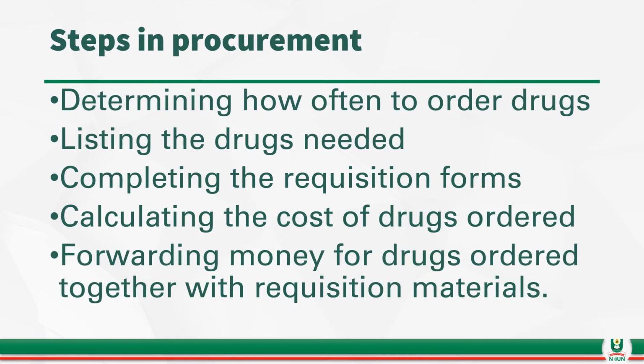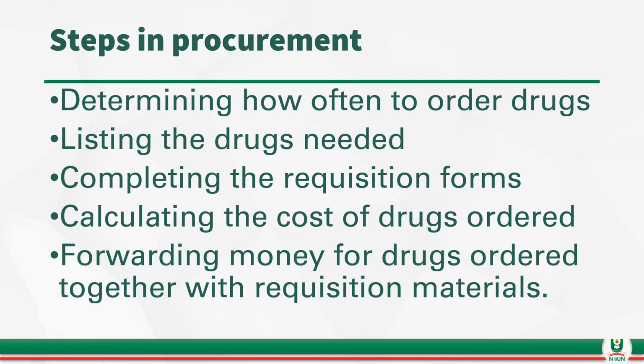So what are the steps you consider in procurement? When you want to procure, you must look at how often you need to order medications. You must also list the drugs that you need.